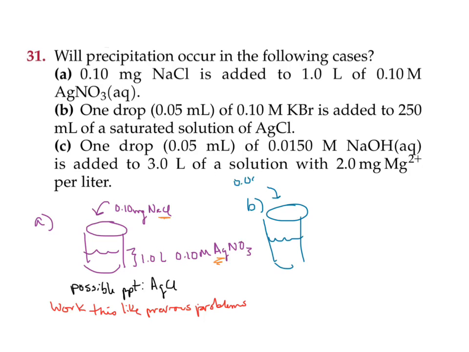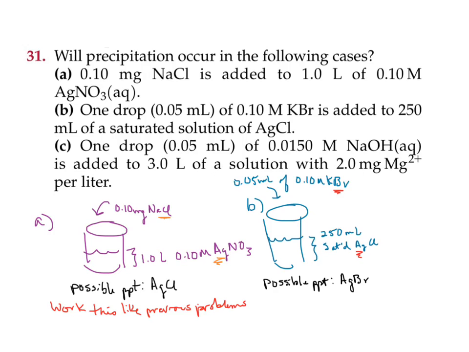B says you're going to put just a smidgen of volume, like 0.05 milliliters of 0.10 molar potassium bromide in 250 milliliters of saturated silver chloride. And they want to know if silver bromide will precipitate. So will this silver connect up with the bromide and precipitate out?